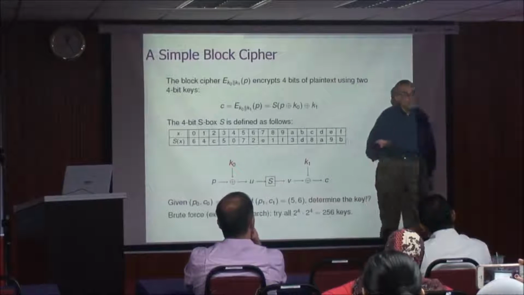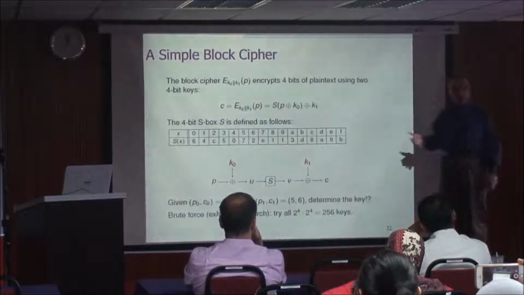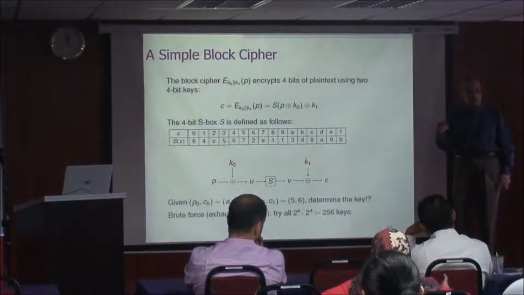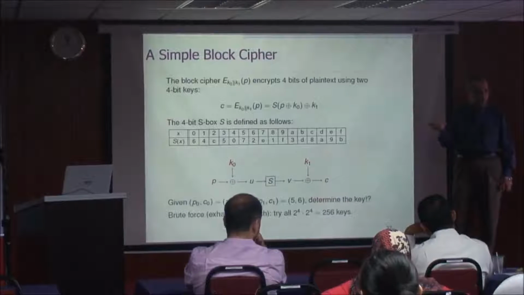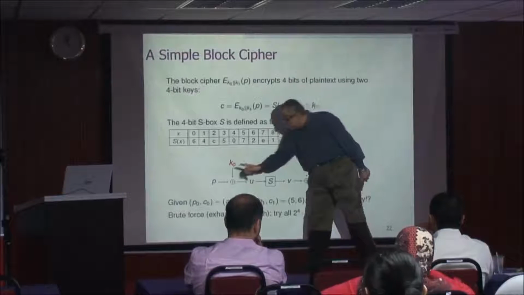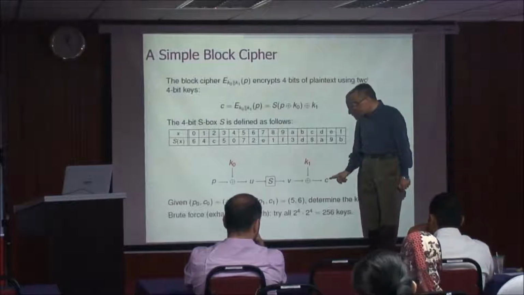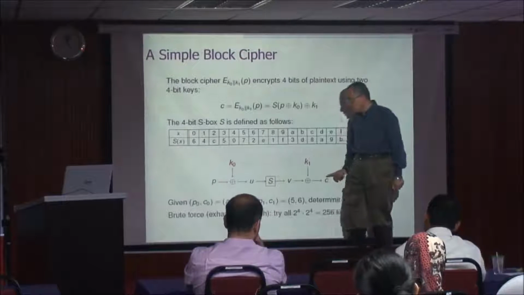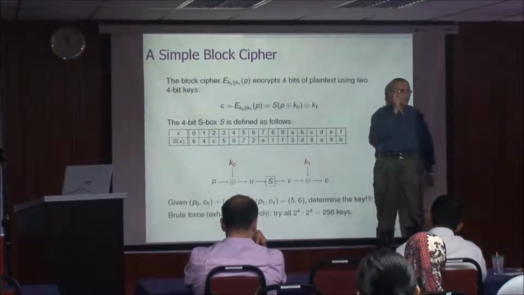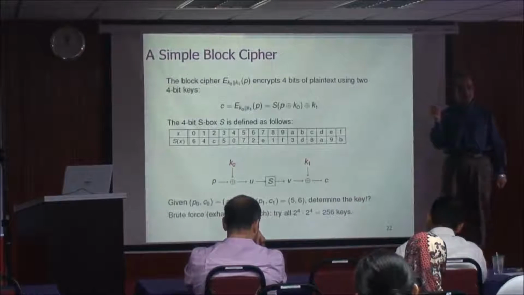So can we do better? Can we find the key with less effort than trying all the 2 to the power 8 possibilities? Suppose I have one plain text and its corresponding cipher text, P0 and C0, and I also have P1 and C1. So I have 2 pairs of plain text and cipher text.